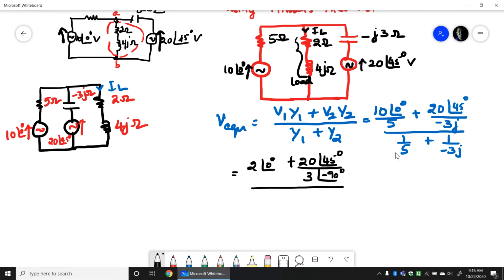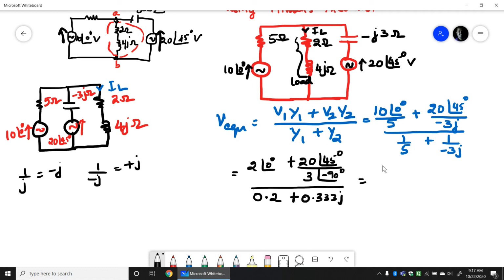This whole thing is divided by 1 over 5, which is 0.2, and this minus 3j, see 1 over minus j can be written as plus j, or 1 over j can be written as minus j. Therefore this is plus, what is 1 over 3, it is 0.333 j. So I'll convert the numerator into rectangular, and I'll convert that 2 into rectangular.